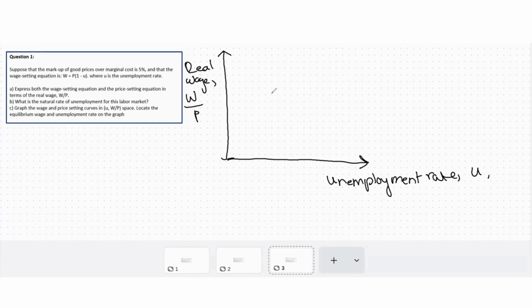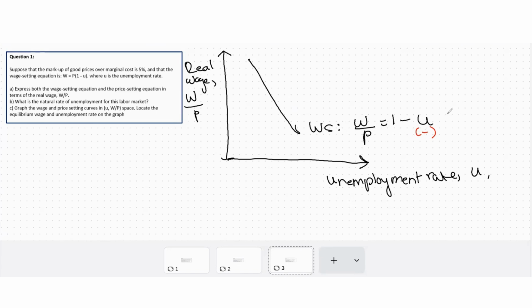Now we'll first plot the wage setting curve, which is going to be like this. We know the wage setting curve in terms of the real wage is just 1 minus u. And I've drawn it downward sloping because, as we can notice, there's a negative relationship between the real wage that workers demand based upon the wage setting equation and the unemployment rate.